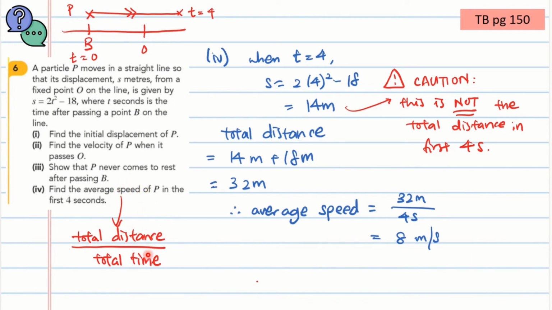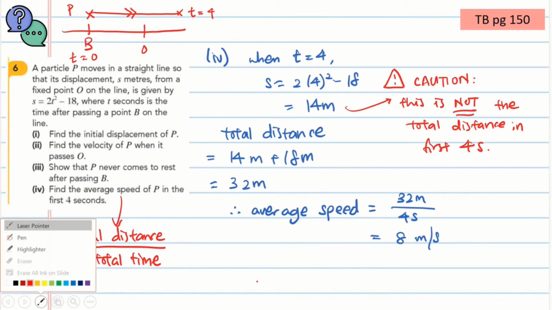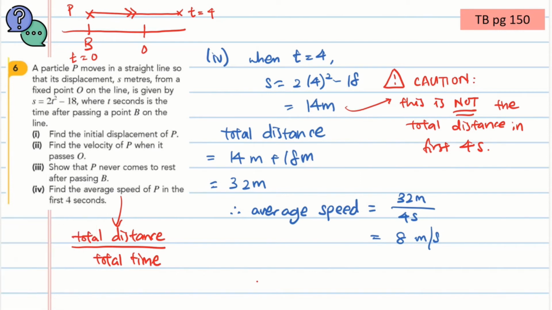Speed is distance over time, not displacement over time. Displacement over time actually refers to velocity, or rather average velocity, equals total displacement over total time.